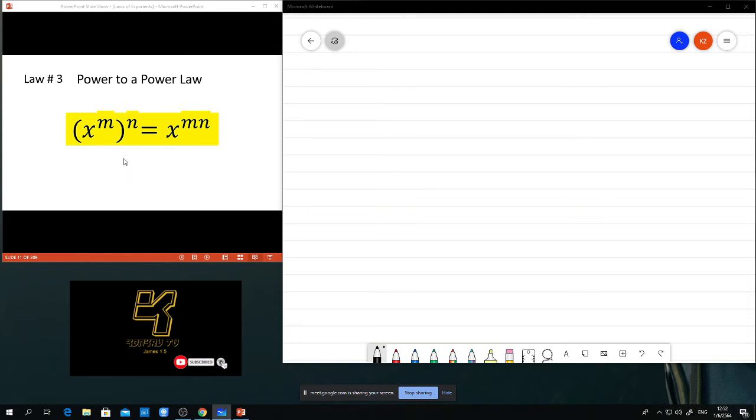In law number 2, we add the exponent when we multiply. But this one is power to power, x power of m, quantity power of n. Both are powers, so we have to multiply the exponent. We call this one, the small one, the exponent.